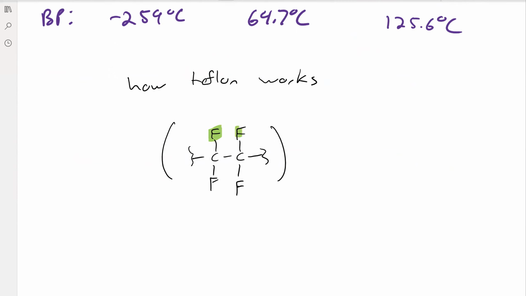These ones instead have carbon-fluorine bonds. Fluorine is a very small atom, very electronegative, and so it's extremely non-polarizable. And so since it's non-polarizable, it has very weak London dispersion forces, and so things don't stick to Teflon, and that's the whole point of Teflon.